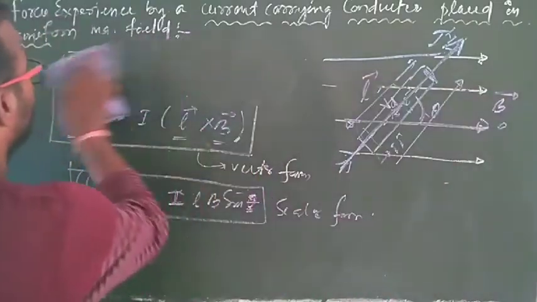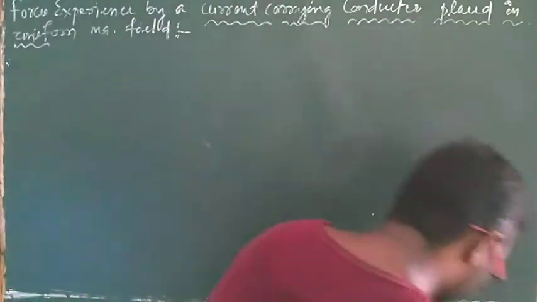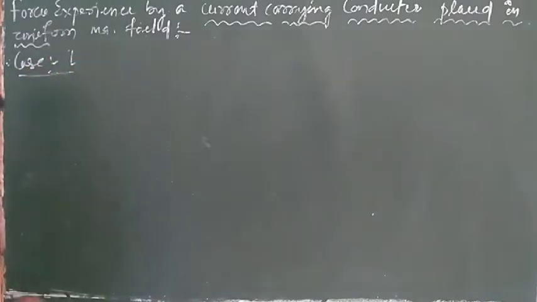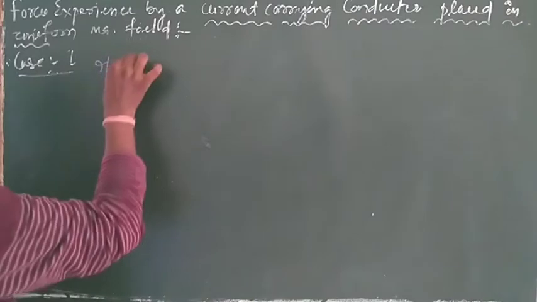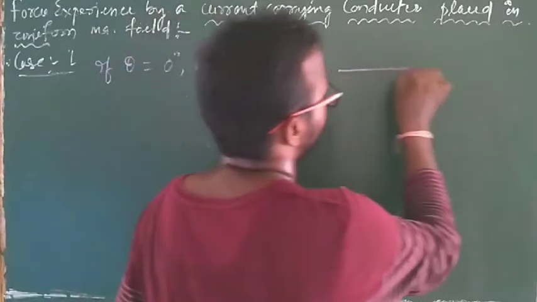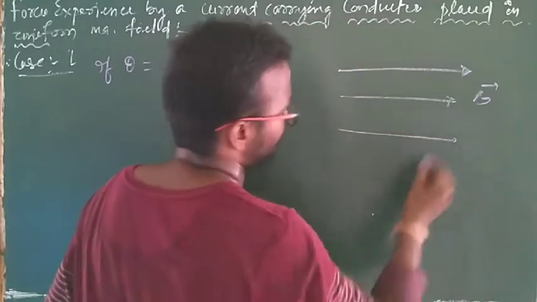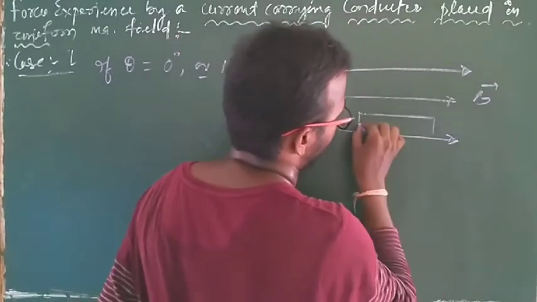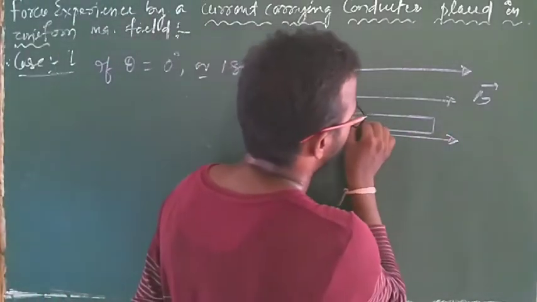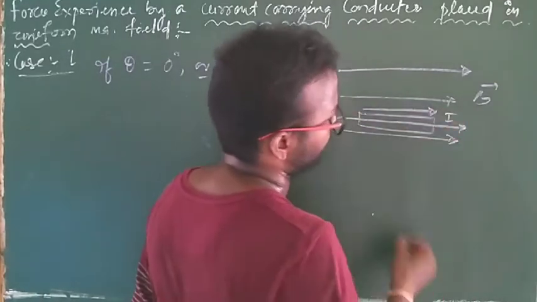So now let us discuss special cases. Case 1: if theta equals 0 degree or 180 degree, this is the direction of uniform magnetic field B. If we place a current carrying conductor parallel to the direction of the magnetic field, that means this is the direction of flow of current I, and this is the length, this is the magnetic field.